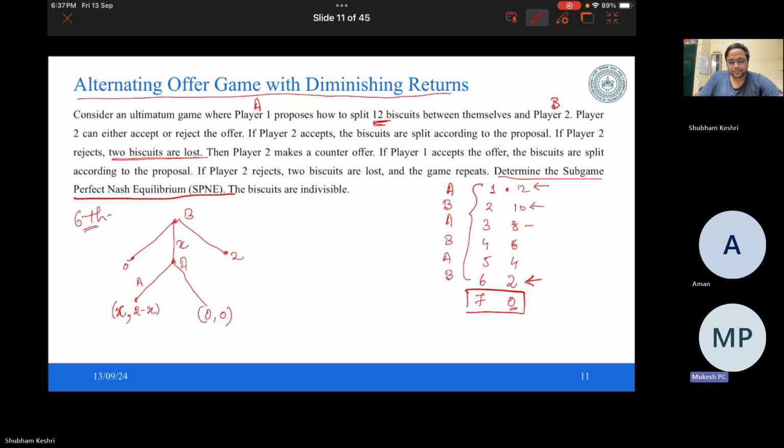Same logic as the single stage one. Because if he offers 0, player A will reject and both will get 0, 0. Yes, player A might reject and both might get 0, 0. And if player 2 offers 2, then what is the issue? If X is equal to 2, then what is the issue?